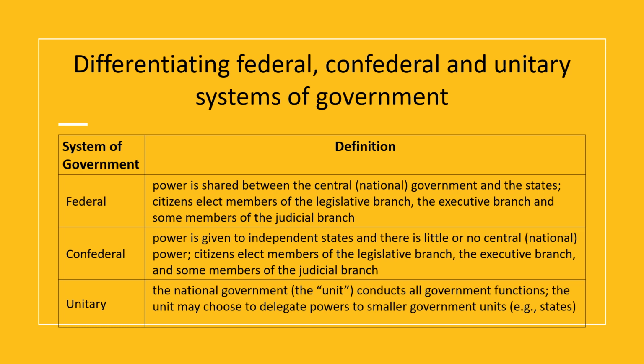In a federal system, power is shared between the central government and the states. We also know the central government to be the national government. This is the one government that oversees the entire nation. In a federal system, citizens elect members of the legislative branch, the executive branch, and some members of the judicial branch.